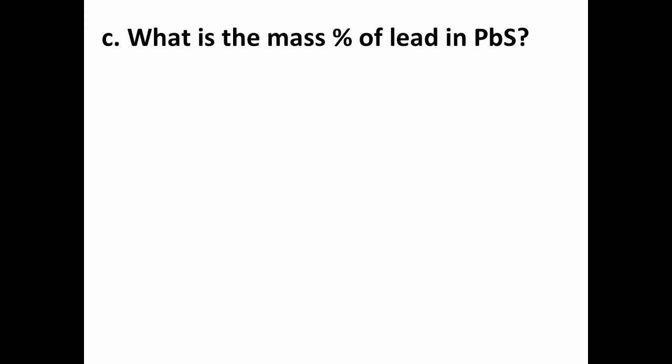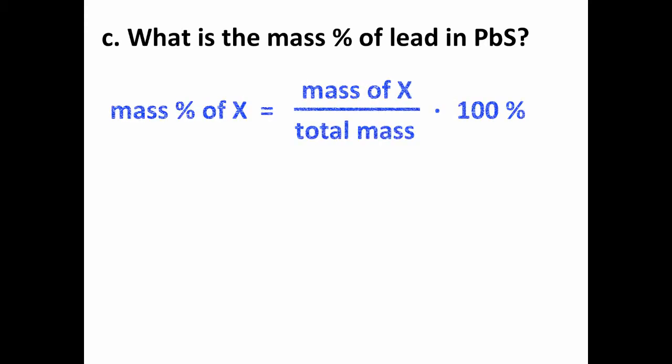Now how about mass percent? Well, the mass percent of anything is going to be the mass of that substance, in this case lead, compared to the mass of the entire substance or compound, in this case the lead sulfide, and then multiplied by 100 to make it a percent.